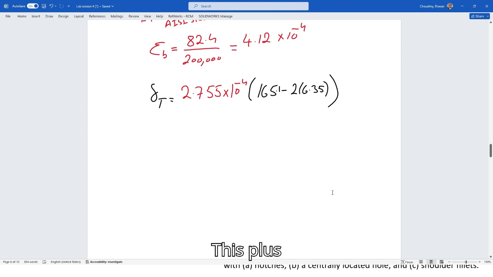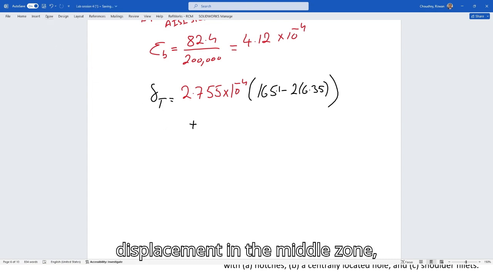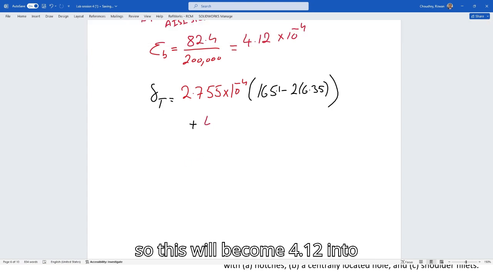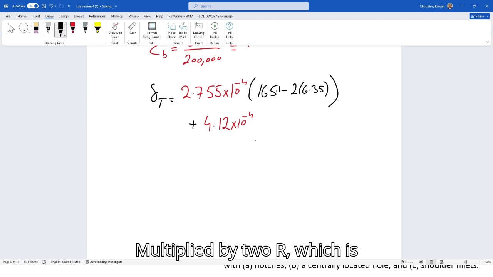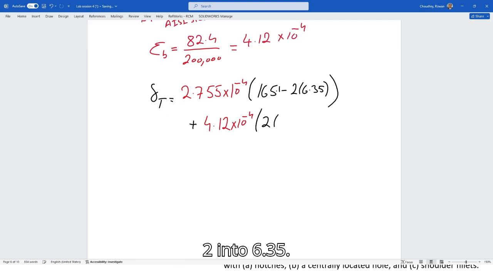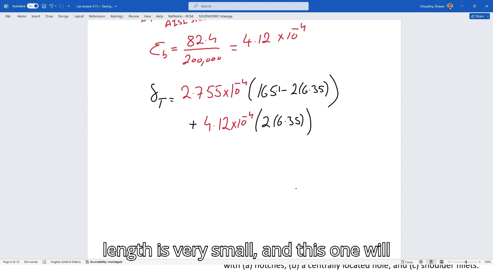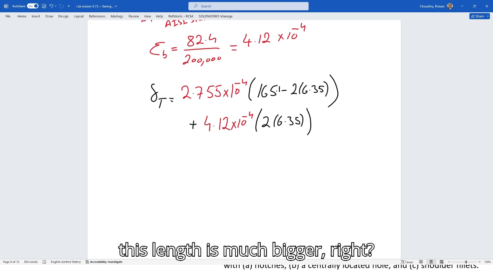Plus, we will also add the second contribution, the displacement in the middle zone. This will be 4.12 into 10 to the power minus 4 multiplied by 2r, which is 2 into 6.35. Obviously this will have a much smaller contribution because its length is very small, while the first will have a much bigger contribution because its length is much bigger, right?